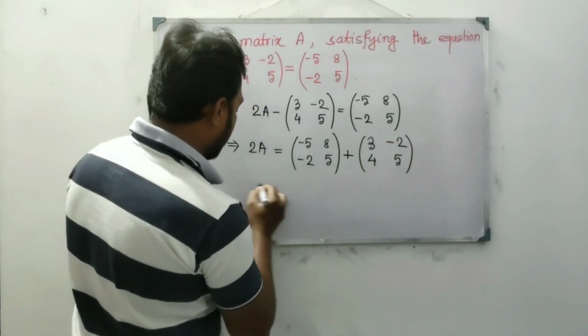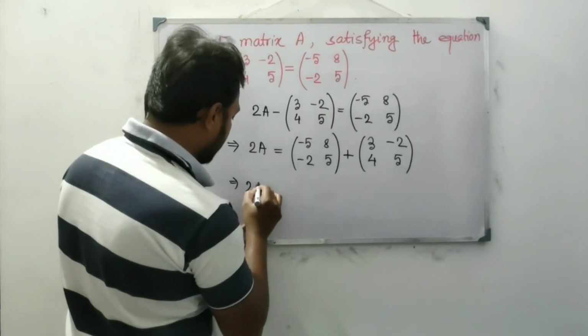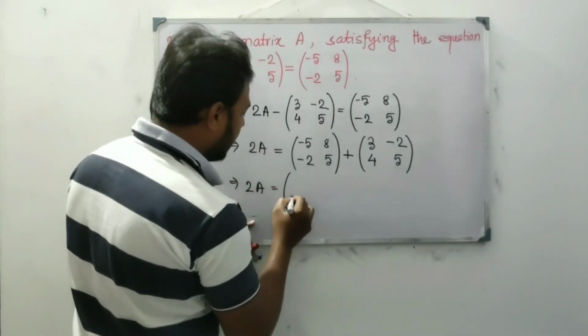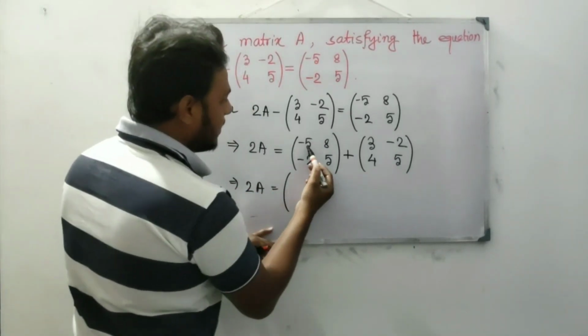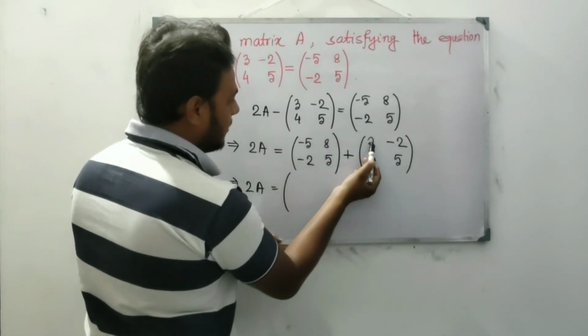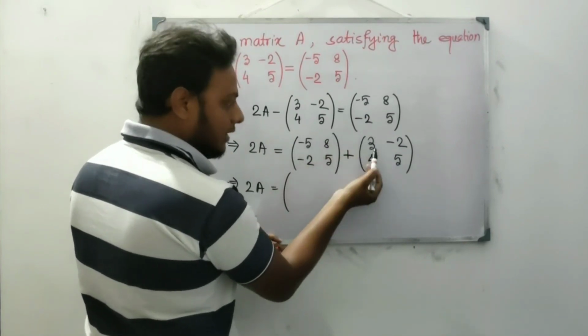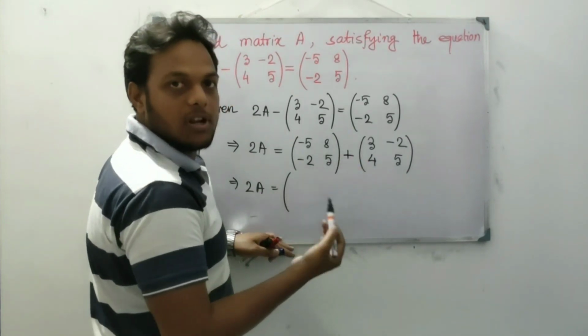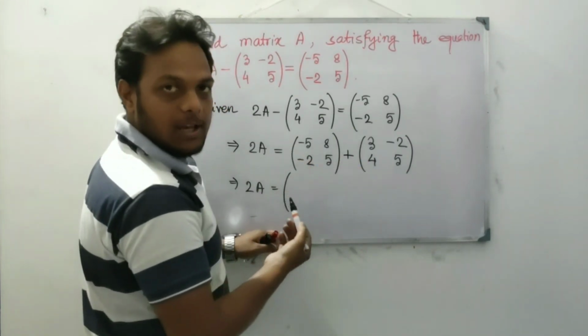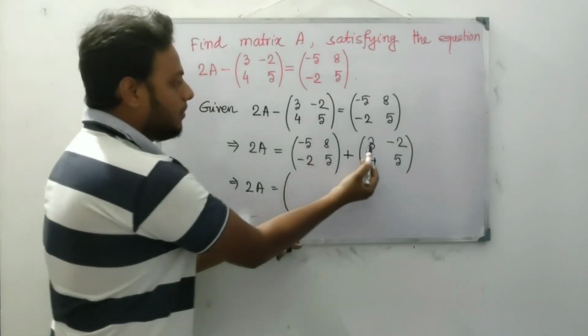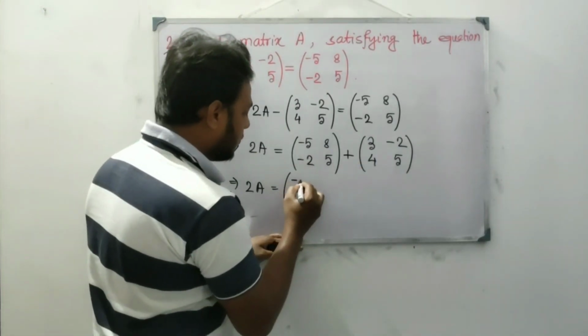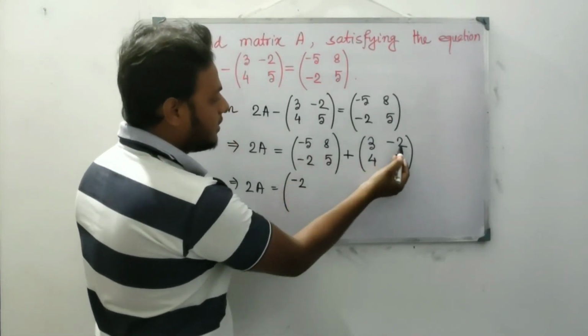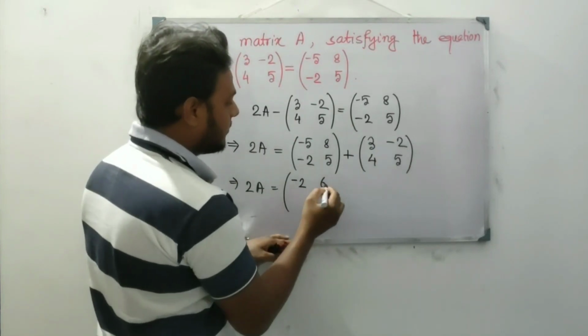Okay, so if we add, it implies that 2A equals, adding the corresponding entries, minus 5 plus 3. We have to add these two matrices, and matrix addition means addition of corresponding entries or corresponding elements. So minus 5 plus 3, that means minus 2. 8 plus of minus 2, that means 6.